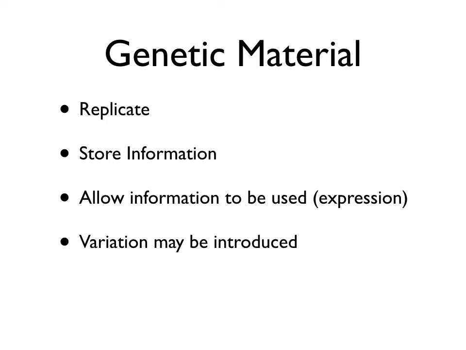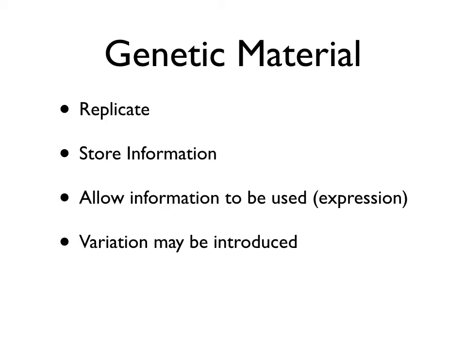We now know that to be DNA, but I'm going to spend a few minutes here talking about how we got to that understanding. And the understanding grew from an awareness that this material, whatever it is, has to be able to be replicated, and it must somehow store information that can then be used.